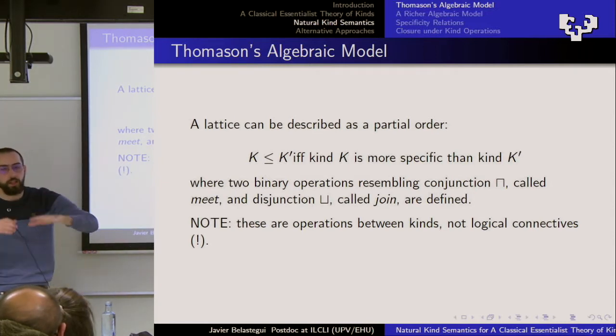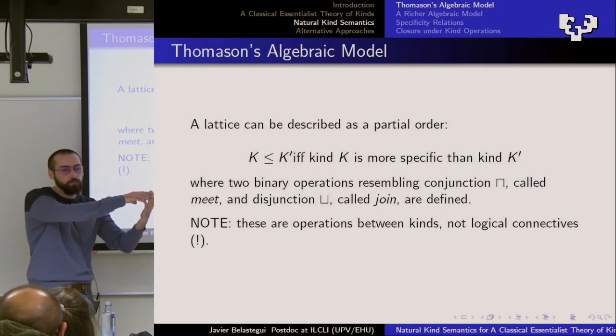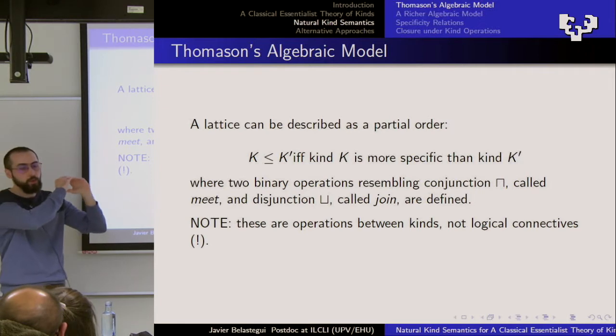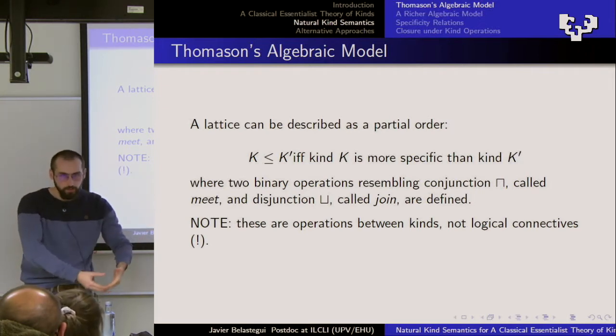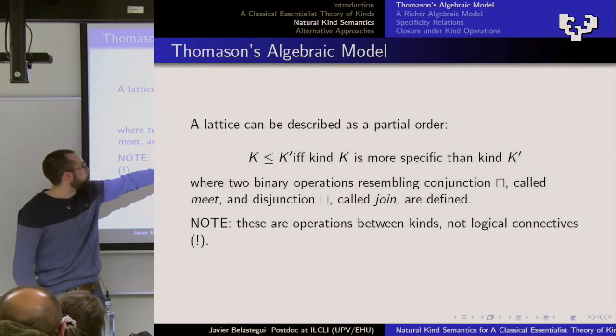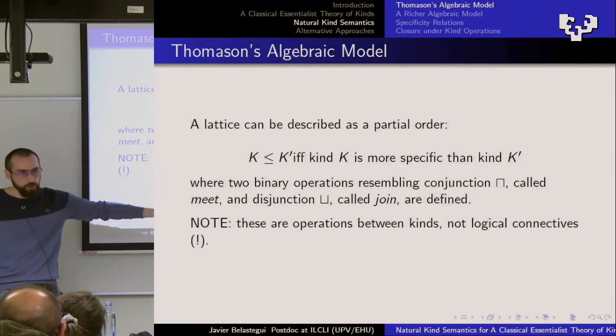So for instance, hammer is less than artifact because the kind hammer is more specific than the kind artifact. Okay? And we also have these two operations called meet and join that look like conjunction and disjunction.